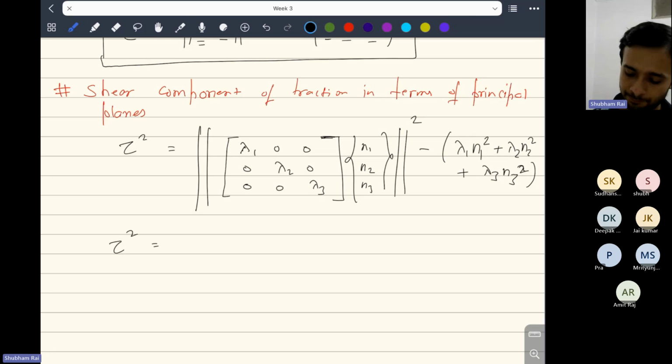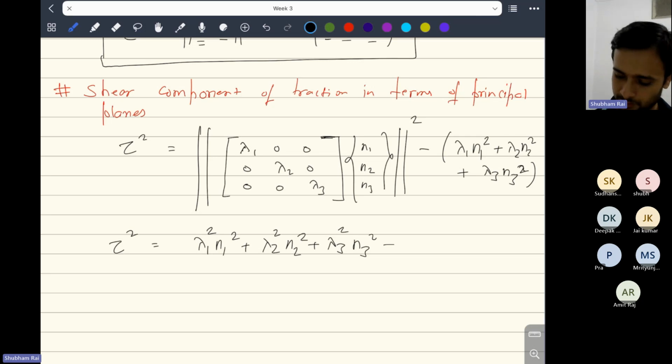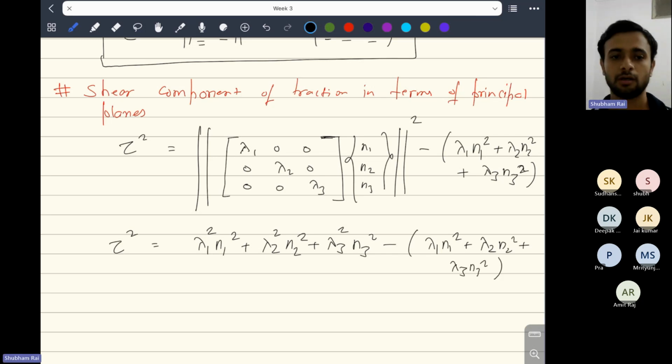So you will get finally lambda 1 square n1 square plus lambda 2 square n2 square plus lambda 3 square n3 square minus this expression, which is lambda 1 n1 square plus lambda 2 n2 square plus lambda 3 n3 square.